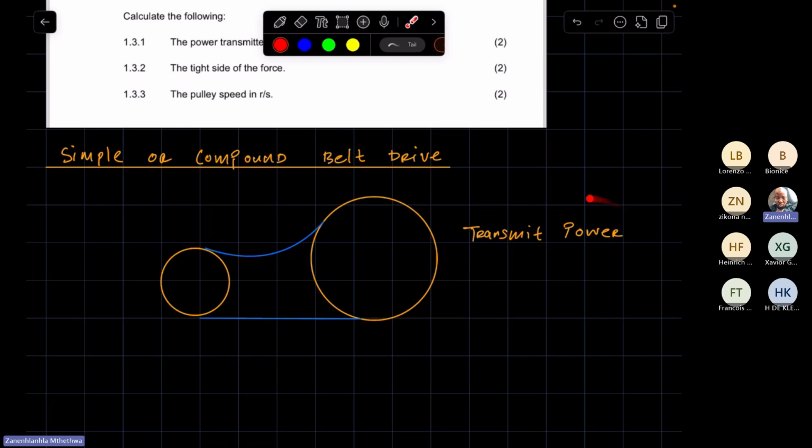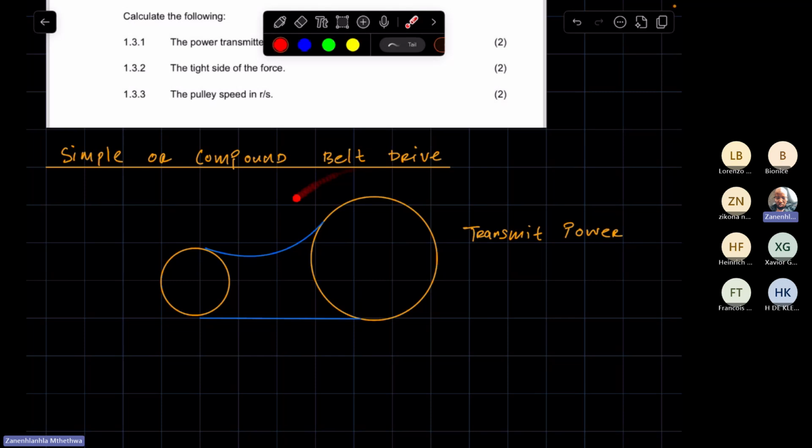So depending on what you need the mechanical drive for, you then in your design decide if you're going to use a belt drive, or a gear drive, or a chain drive.